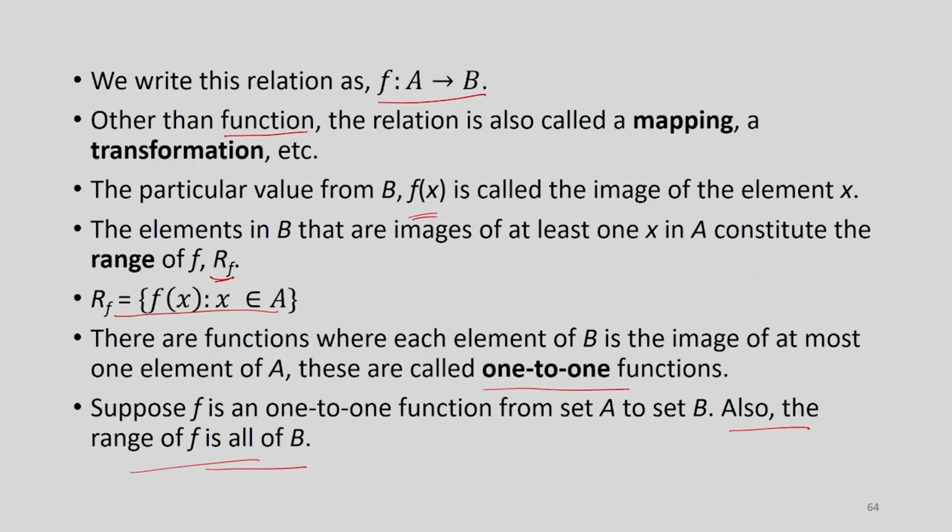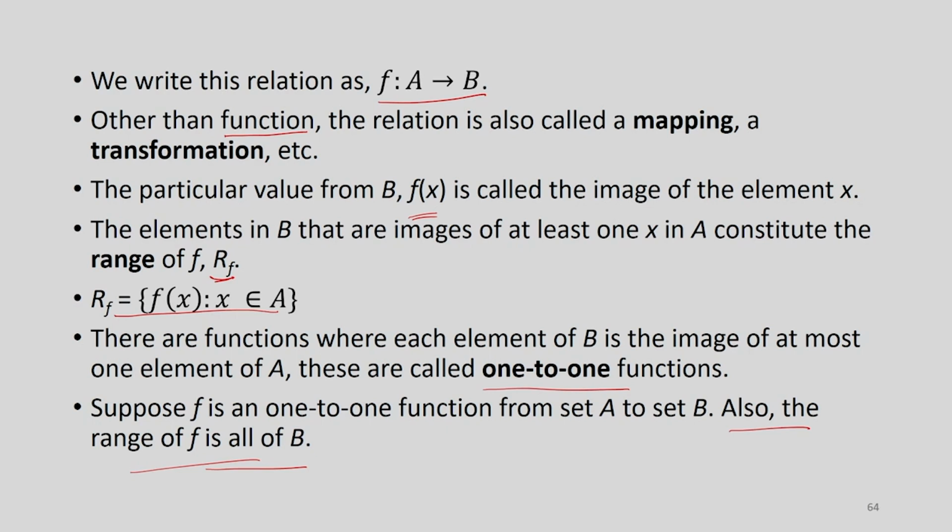For a function to have an inverse, it needs to satisfy two conditions. One is that it has to be a one-to-one function, which means for any value in B, the target set, you get at most one corresponding value in the domain set. So, it cannot be more than one.